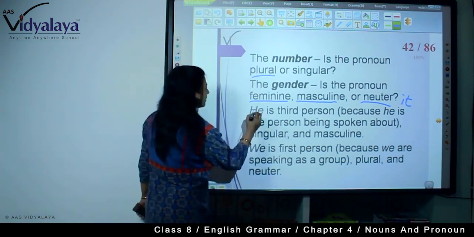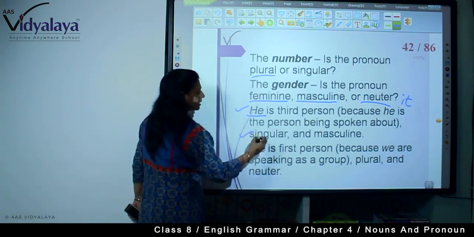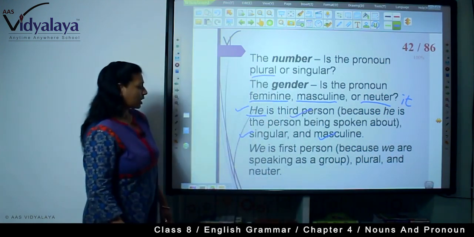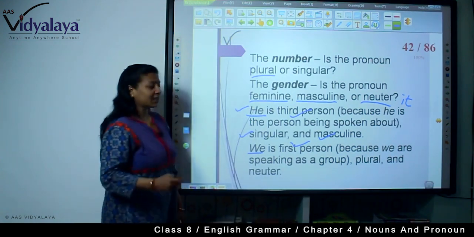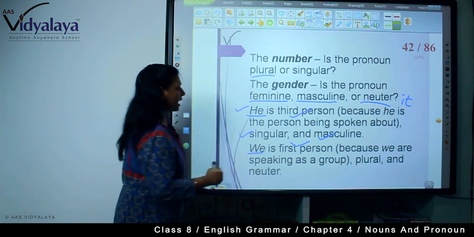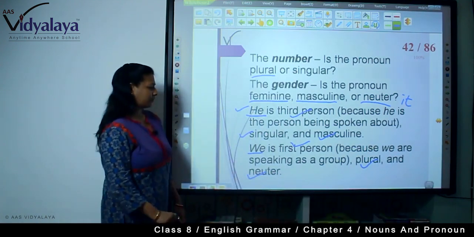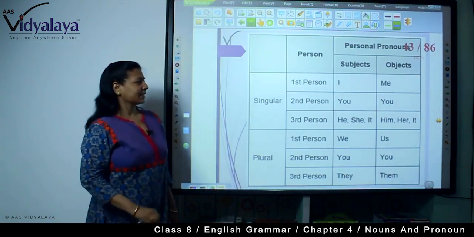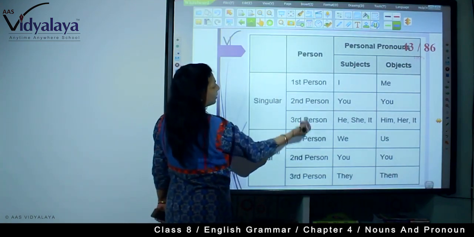Here he, the pronoun, is singular and masculine, and this is the third person. Now, we is the first person because we are speaking as a group, and this is plural.